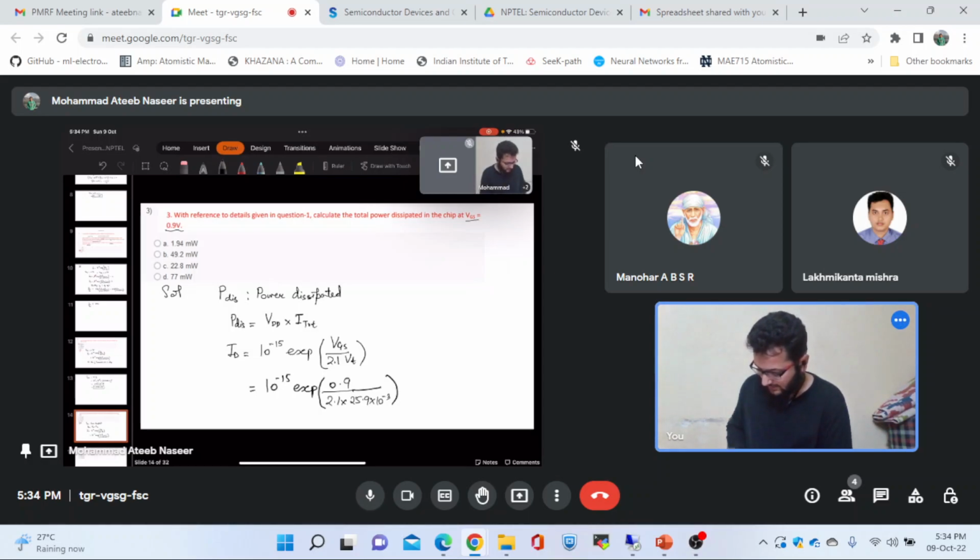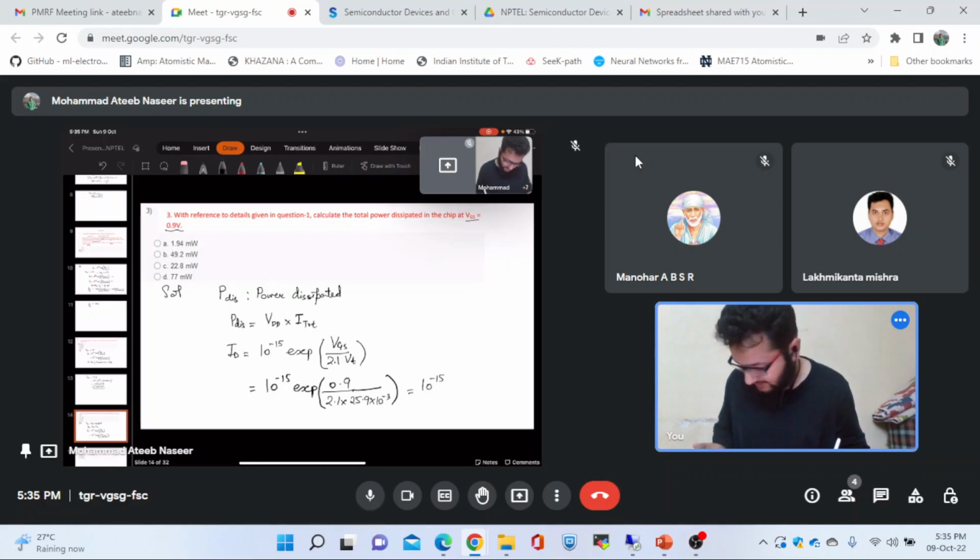So I have calculated this previously. So it should come out to be equal to 10 to the power of minus 15 into 15.35 into 10 to the power of 6. So this is in amperes.